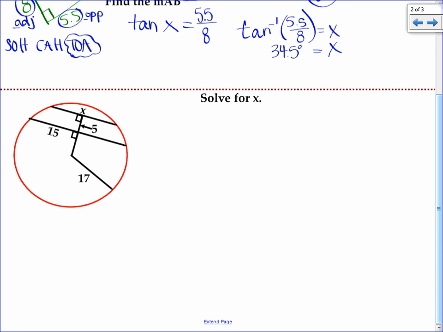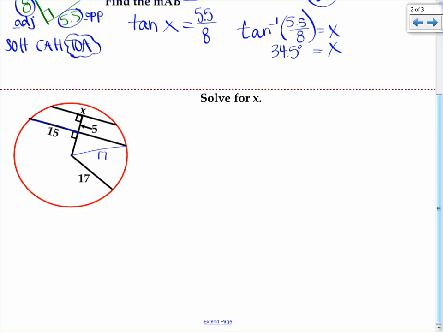So what if we moved it to right here? It's still 17, isn't it? Now we have some right triangles. So they told us this is 15. So the other one would be 15.